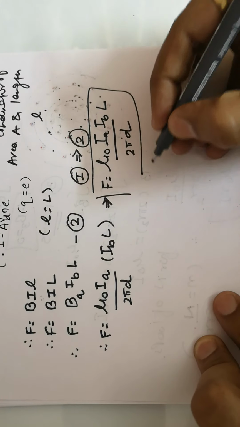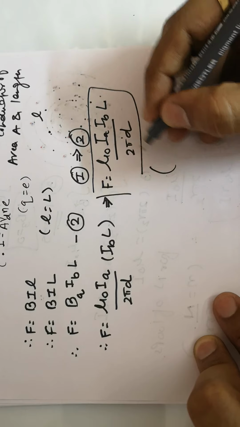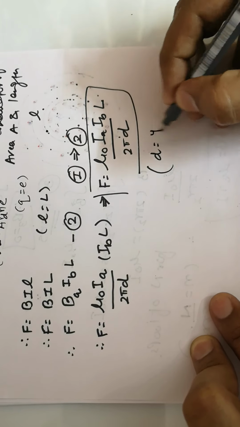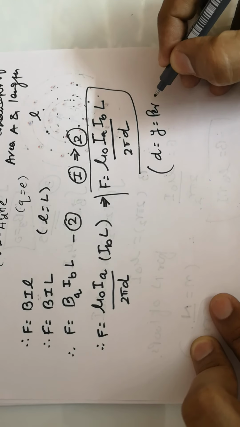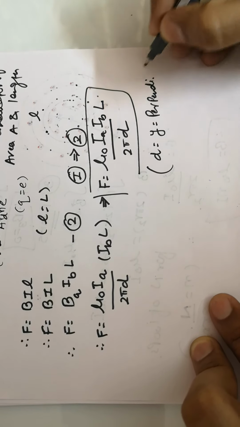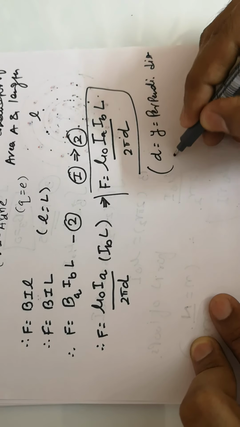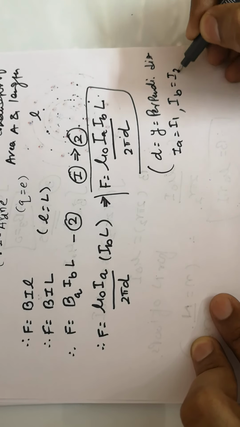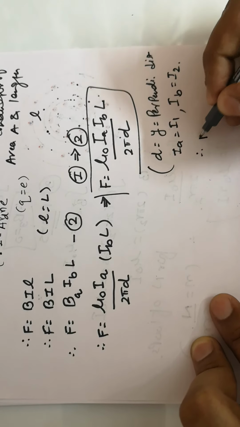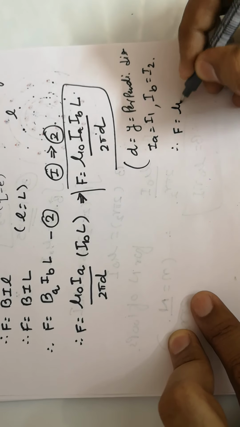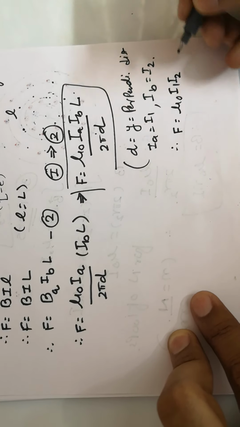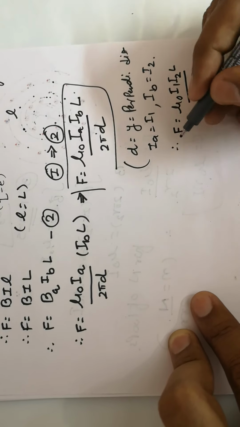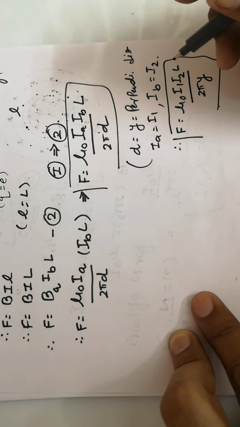If you say that my length is L, and instead of d you say y, which is called the perpendicular distance, and instead of IA you say I1 wire, and instead of IB you say I2 wire, you can just remember this formula as mu 0 I1 I2 L divided by 2 pi y. It is up to you whichever way you want to recall it.